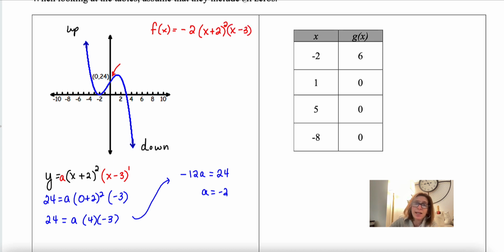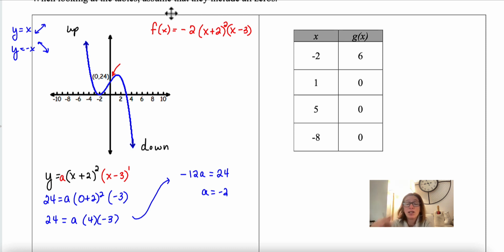At the beginning, I knew a was negative. Why? Because it was up, down. Remember, if it were positive, it would be down, up. I want you to always think about what your helper graph is with these polynomials. This was an odd degree, so I like to use y equals x. Y equals x goes like this, and y equals -x goes like this, which is up, down. That's just something I use to help myself.